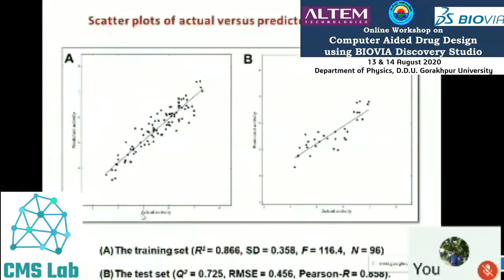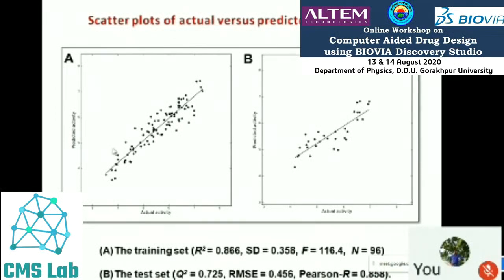So what we have done is plot these molecules as activity versus predicted activity from the QSAR model. We divided the data into a training set and a test set so that we can validate our models.